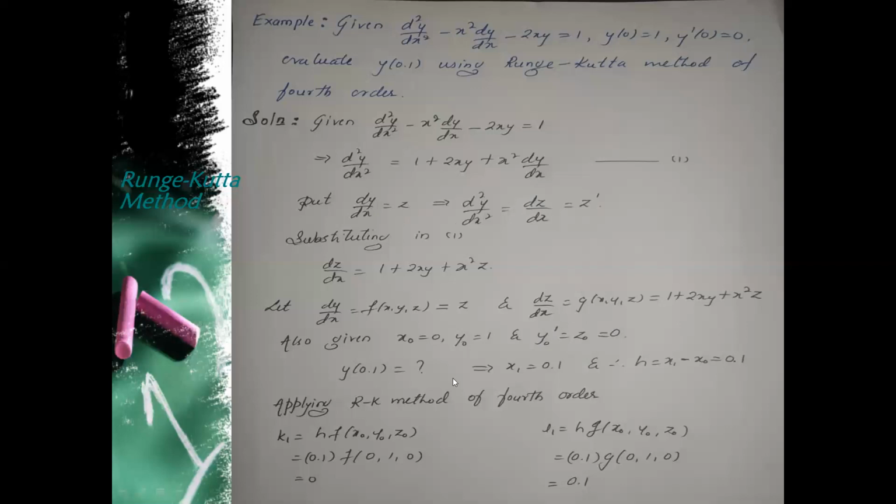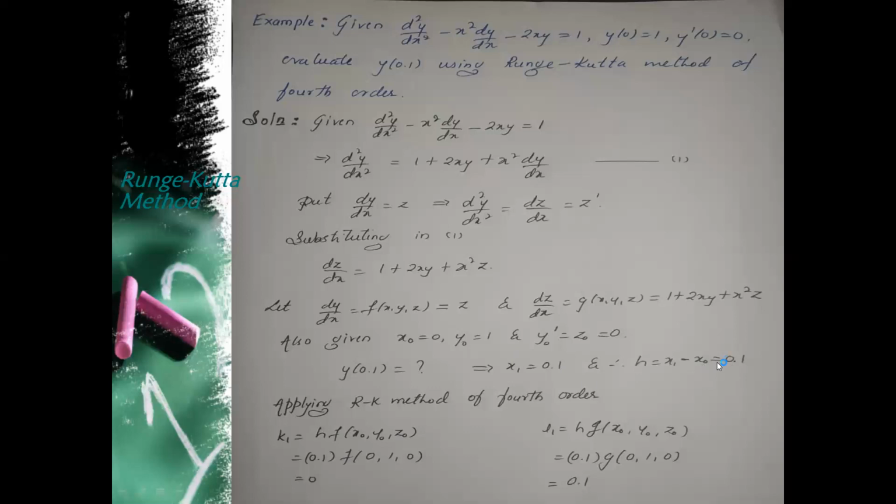So for that, it is necessary to find y of 0.1. So we'll take this point as x1. X1 is 0.1 and x naught is 0, hence h becomes x1 minus x naught, that is equal to 0.1. Now we will apply the RK method. So we find that k1 is given by h into f of x naught y naught z naught.